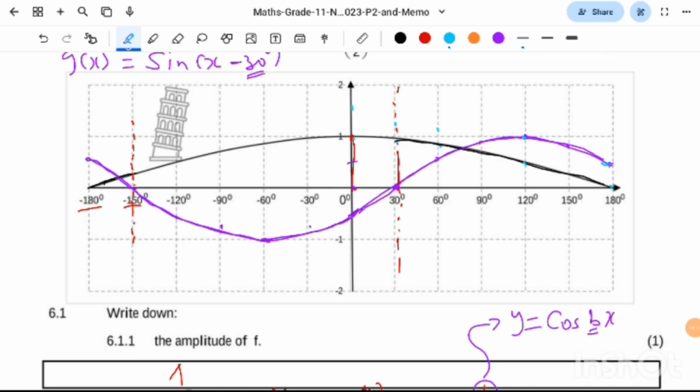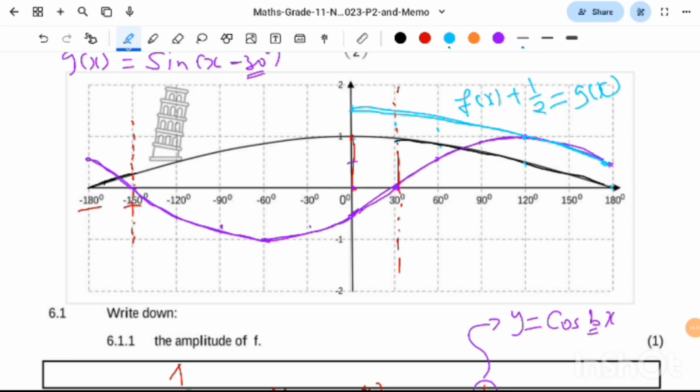So now our graph is going to look like this. That is our f of x plus half. It has shifted half a unit up.